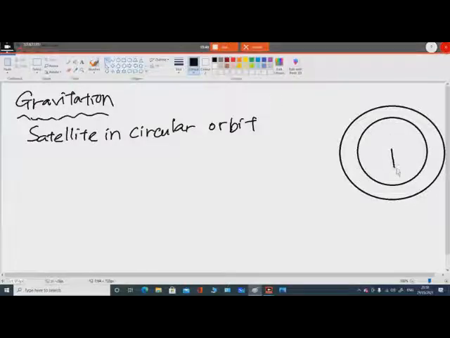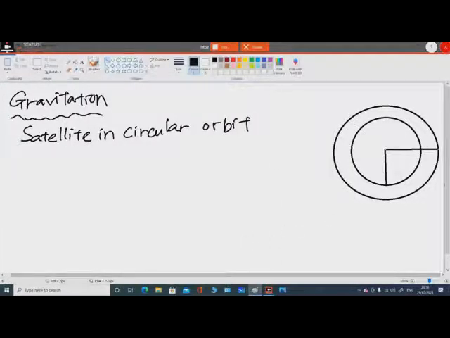This is the radius of the Earth, and this is the distance between the center of the Earth and the satellite. The radius of the Earth is capital R, and the distance between the center of the Earth and the satellite is small r.